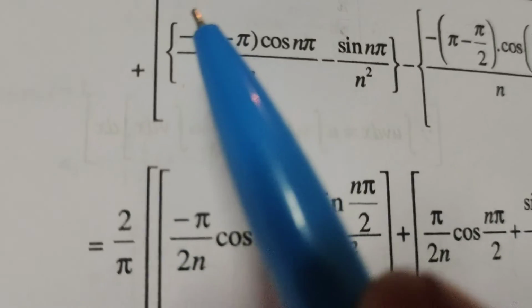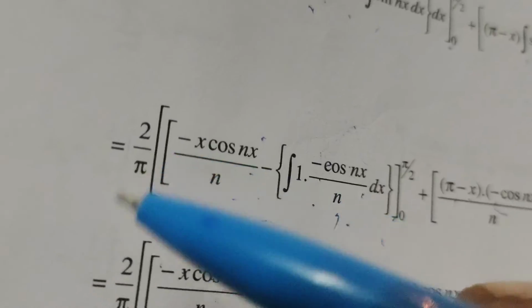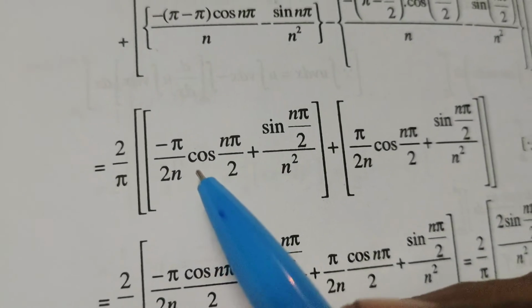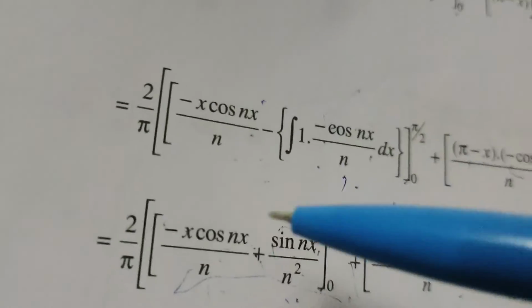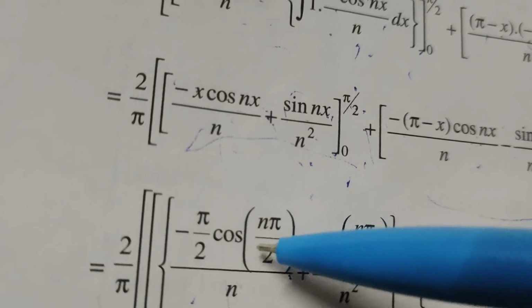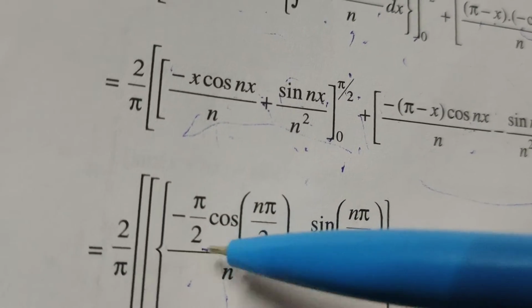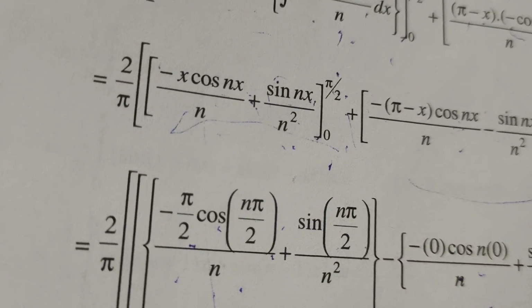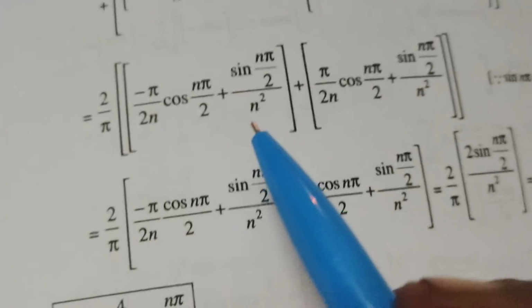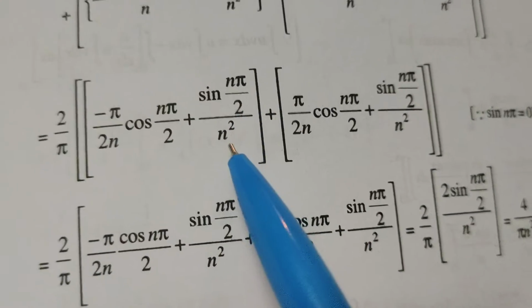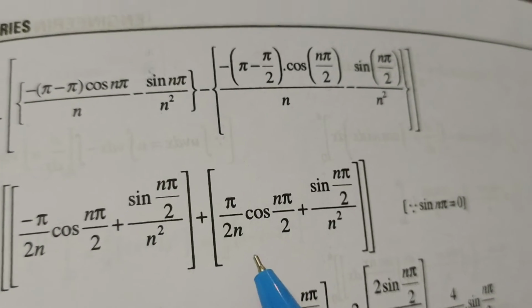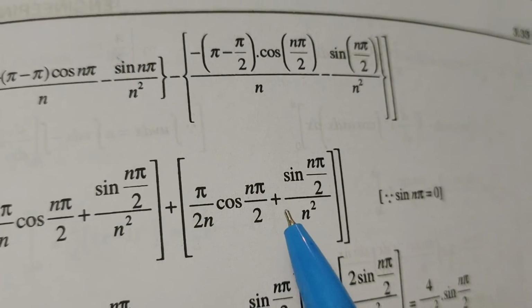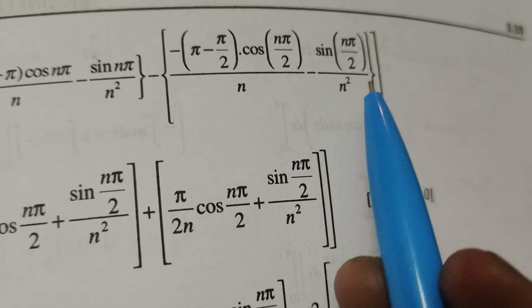Okay, now here 2 by pi is there, 2 by pi into minus pi by 2n cos n pi by 2 minus pi by 2n cos n pi by 2, next plus sin n pi by 2 by n square plus pi by 2n cos n pi by 2 plus sin n pi by 2 by n square.